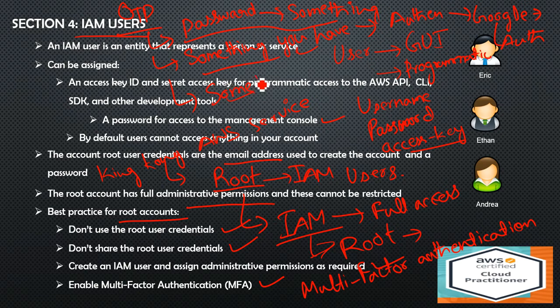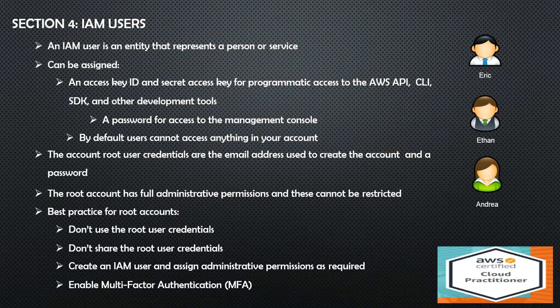That is not supported by AWS right now. That is like the retina scan of your eyes, or fingerprints, which can also be part of authentication. But as of now, AWS supports only two authentications: username and password, and your MFA, multi-factor authentication.